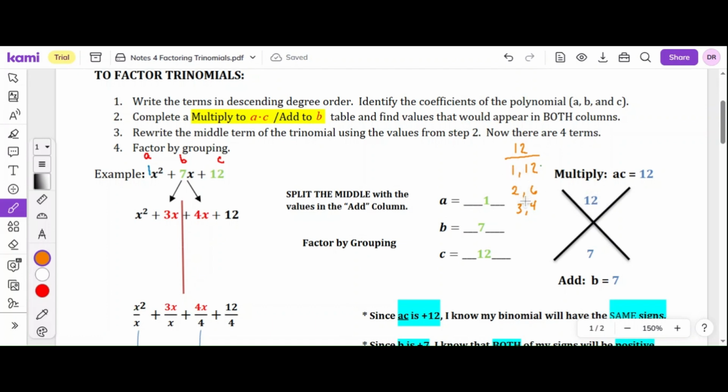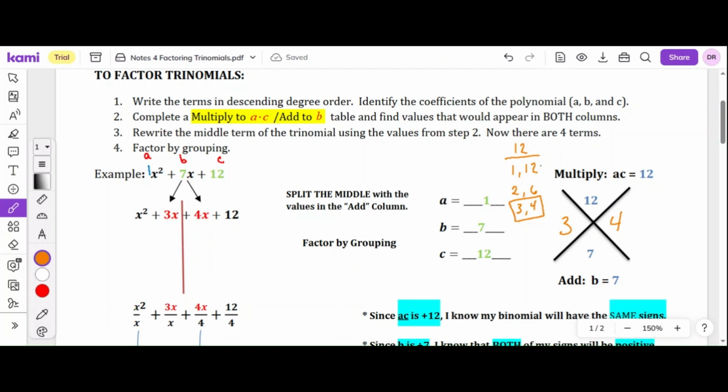But only one of these three options also adds to this bottom number of 7. And that's how we decide that out of all these options that multiply to 12, we're going to use the options of 3 and 4. Those two numbers are the only ones that do both, multiply to 12, as well as adding to this bottom value of 7.